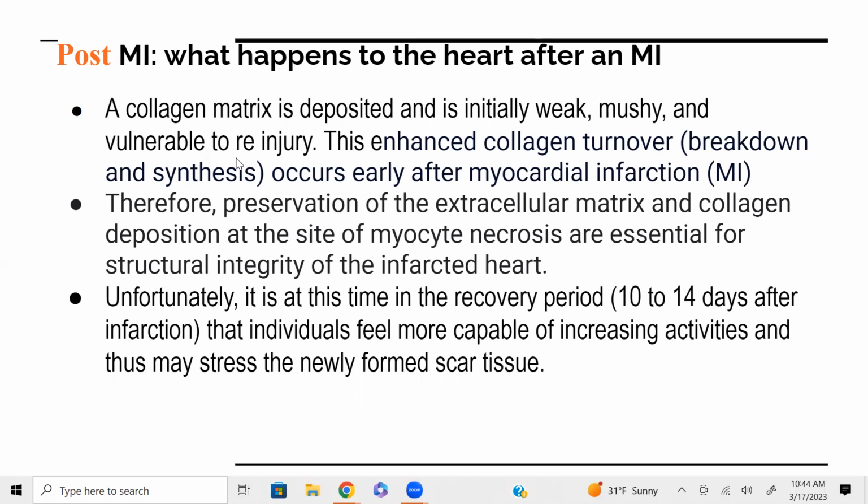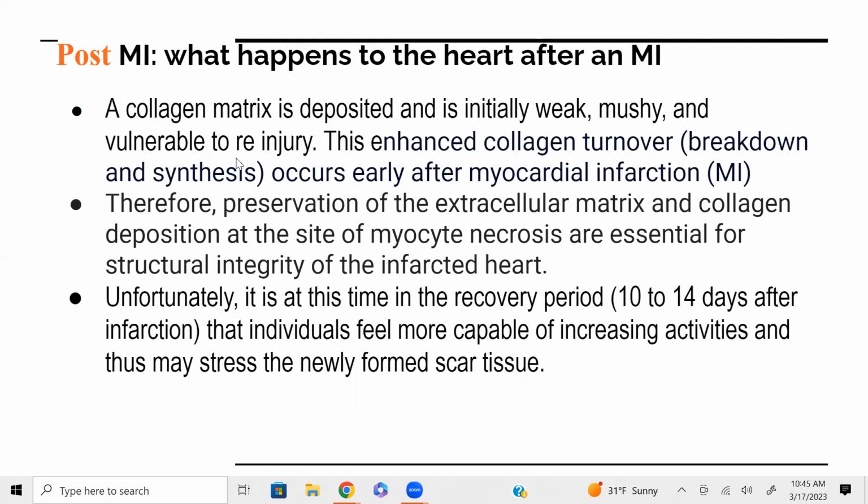It usually happens early after the first one. And then our heart tries to preserve the extracellular matrix and collagen deposition at the site of myocyte necrosis, which is the dead tissue of the myocardium. It is important to create structural integrity of the already necrotized or infarcted heart.